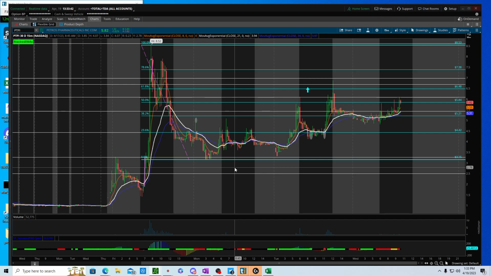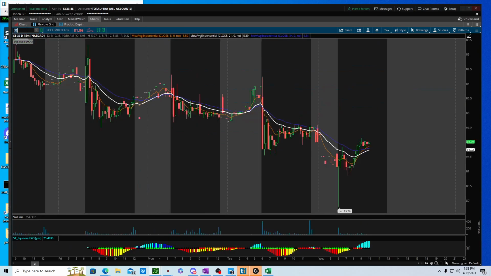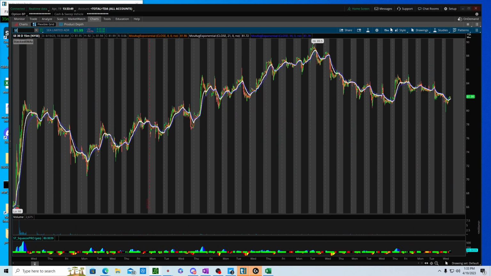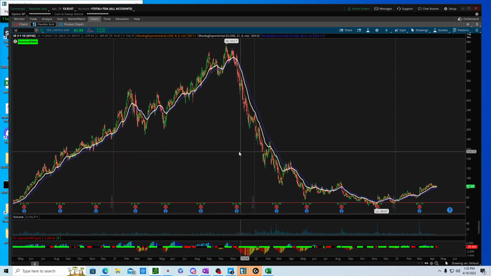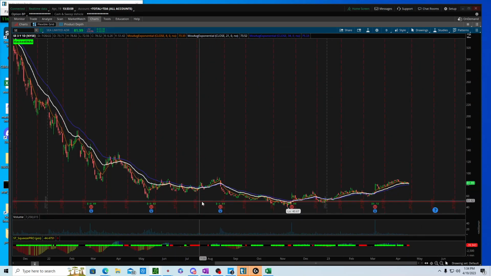What else, you guys? Let's look at SC. All right. SC kind of rounded bottom, coming off the bottom here.